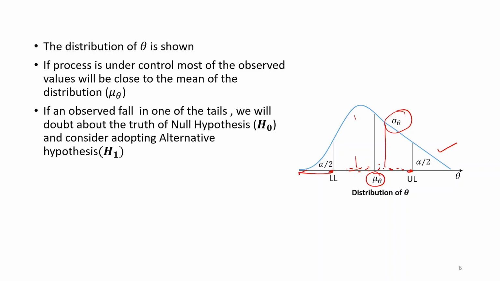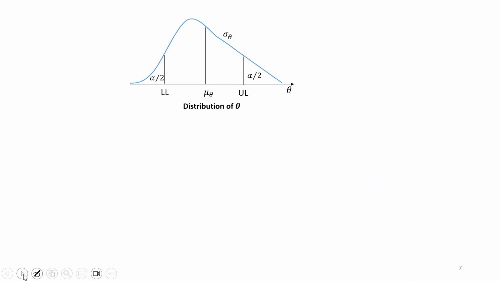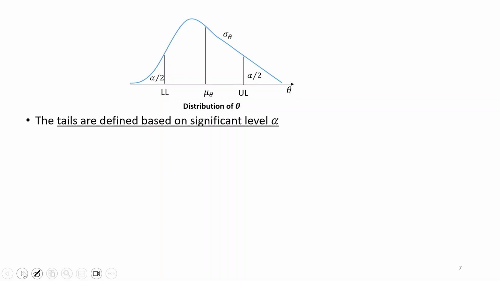This side is one tail. From here to there is one tail. Then we will have doubt about the truth of the null hypothesis and consider adopting the alternative hypothesis. If I find some data here, here, then that is what will come to our mind. We will have doubt because we expect the process is stable. Most of them should fall close to the mean.